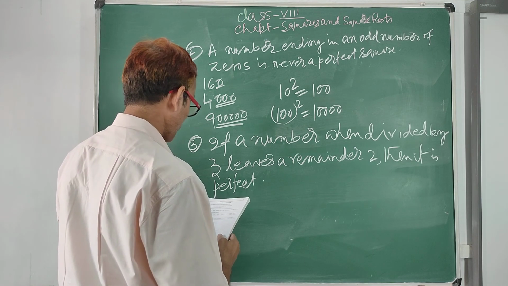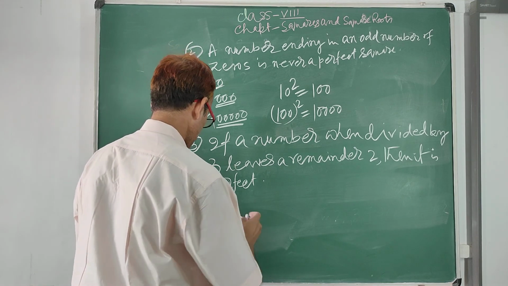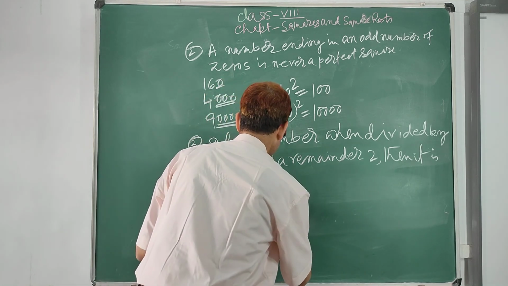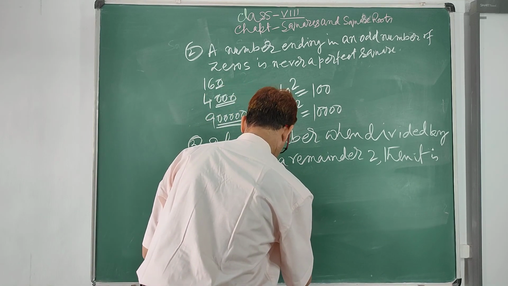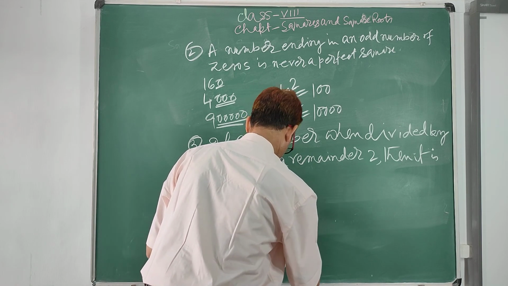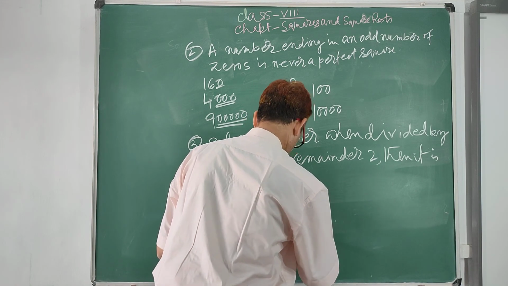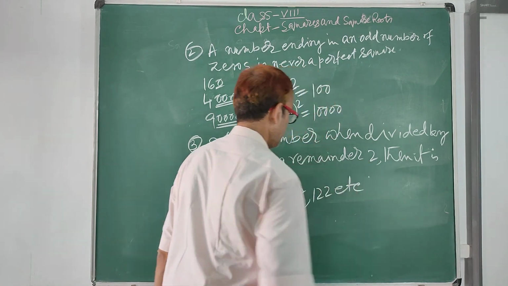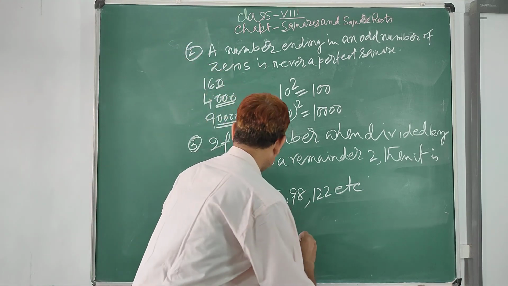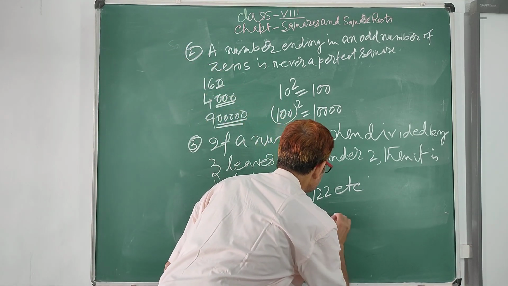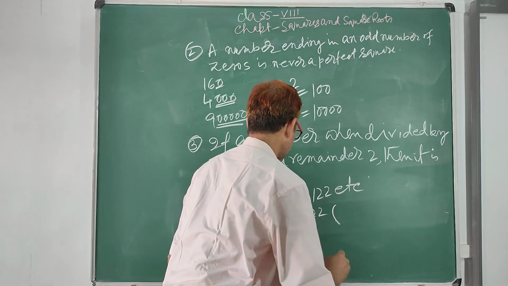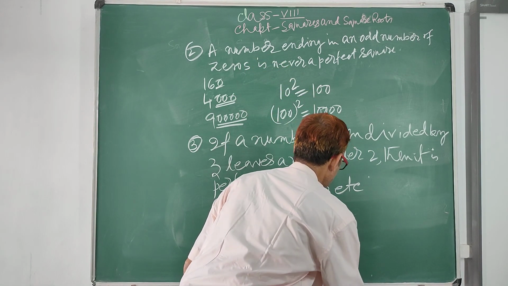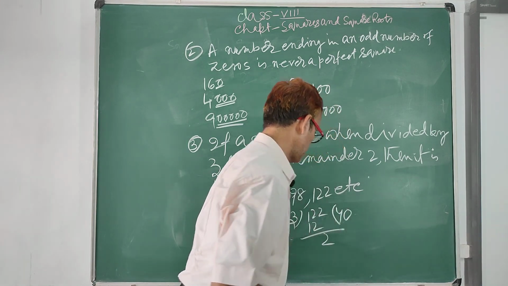For example, 178, 360, 635, 98, 122, etc. Here, if we divide 122 by 3, then 12, then 2, then 0.